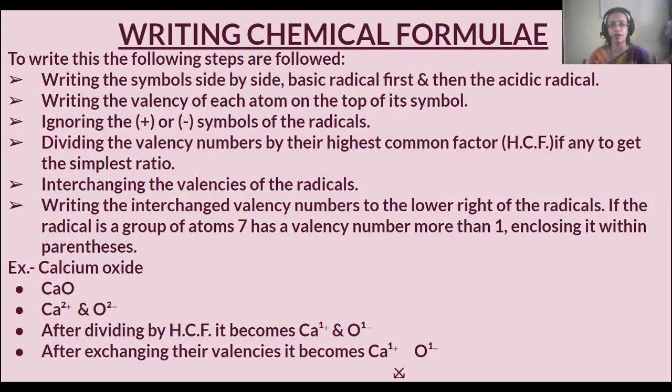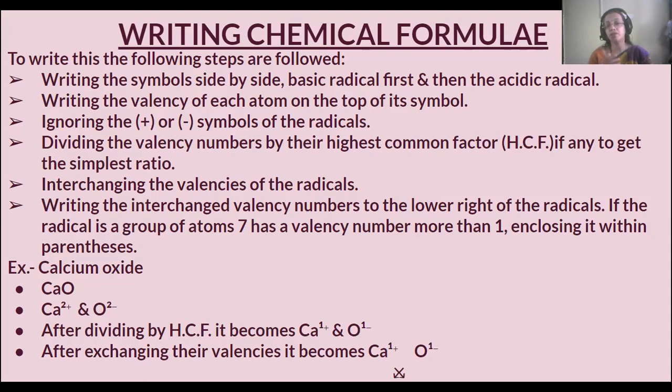We ignore the plus and minus signs, and then we divide by the highest common factor to get a simple ratio. Then, interchanging the valencies of the radicals, we get the formula of the compound.